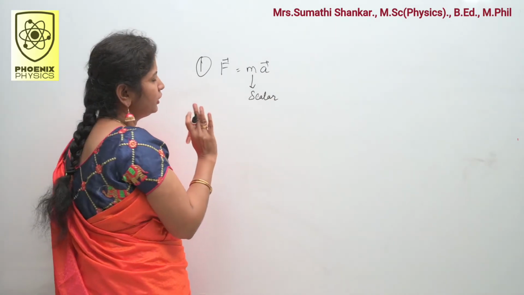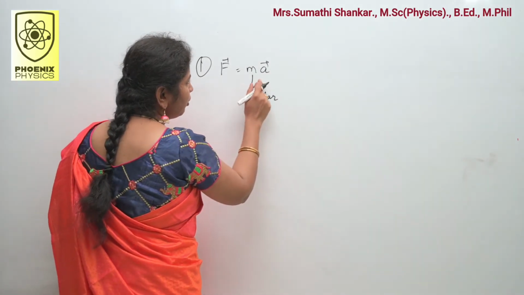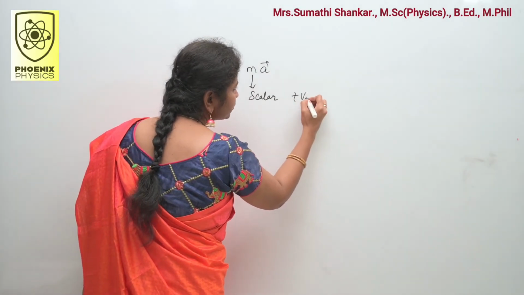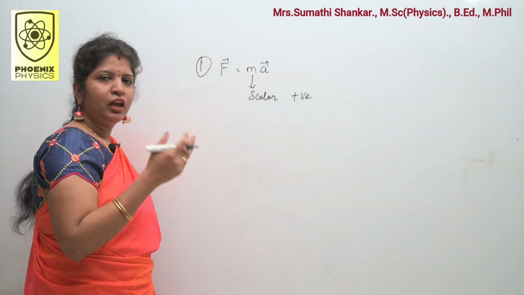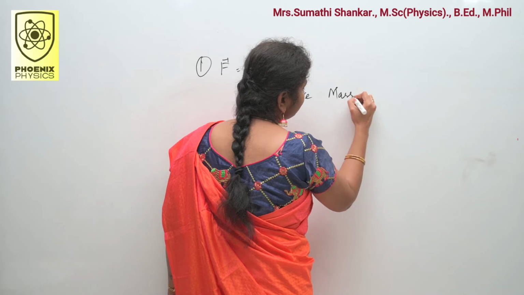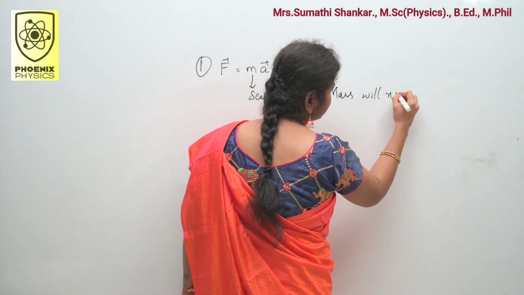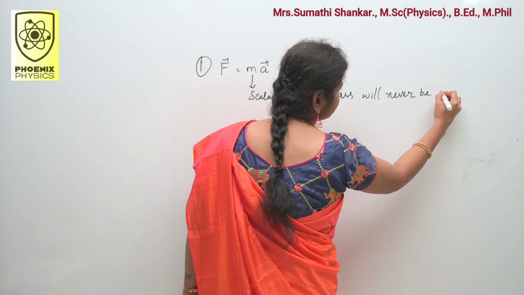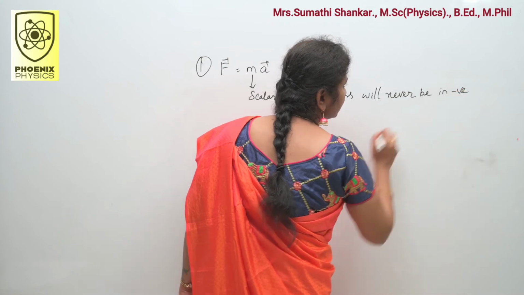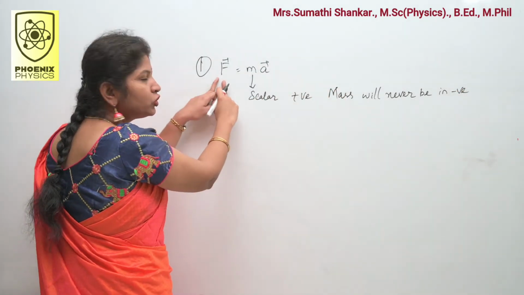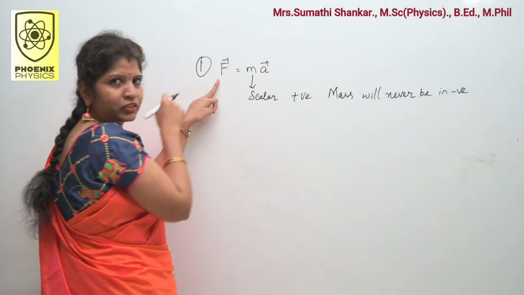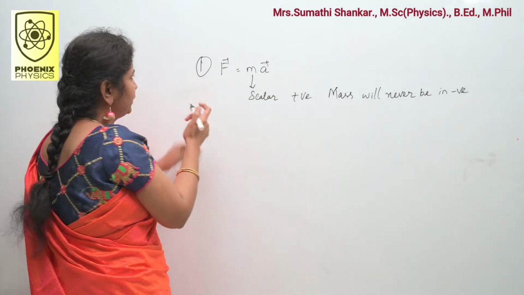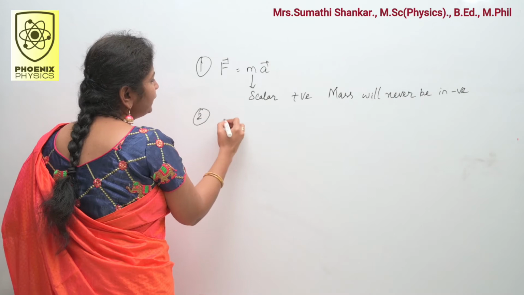Here mass is always a positive quantity, or we can say mass will never be negative. So the direction of force is in the direction of acceleration. Up to this clear?